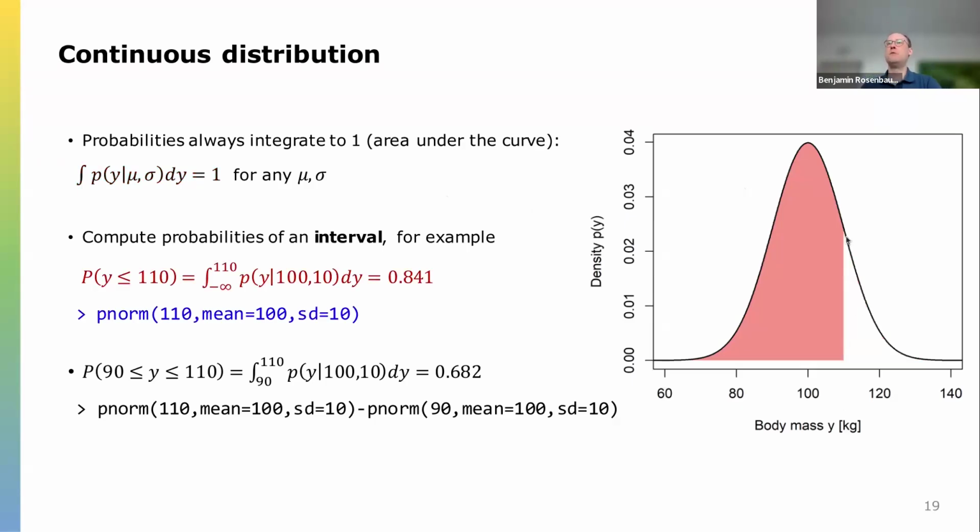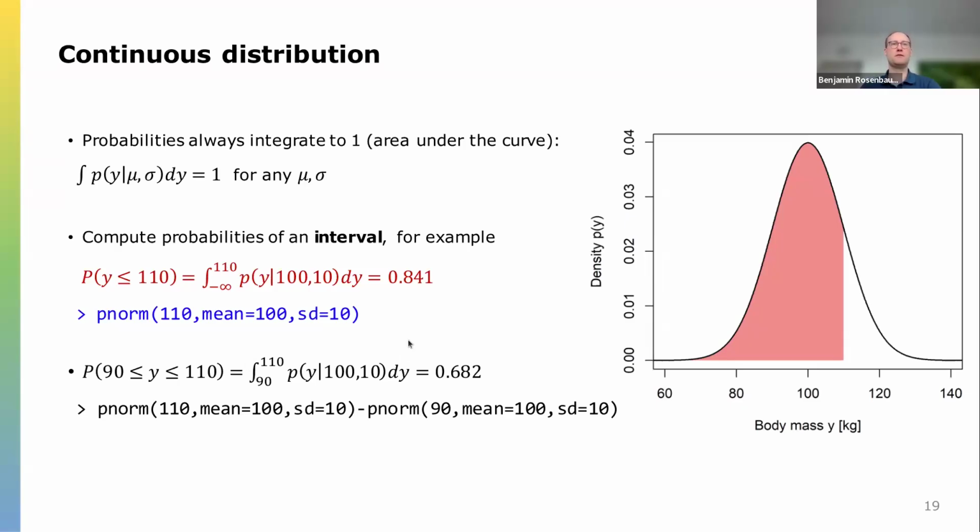For instance, what is the probability that an individual is less than 110 kilograms? The probability is given by the area under the curve, or mathematically speaking, by the integral up to the upper boundary of 110.